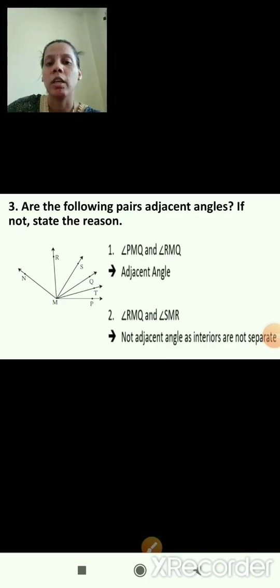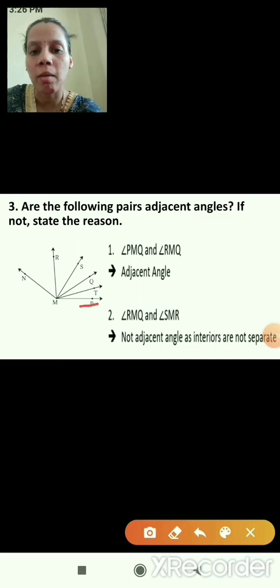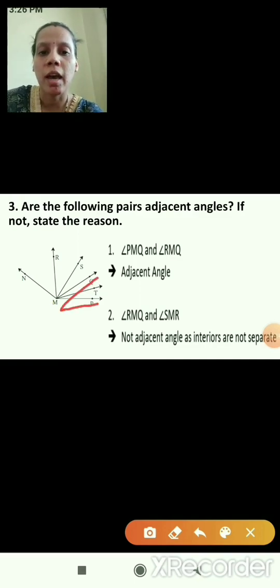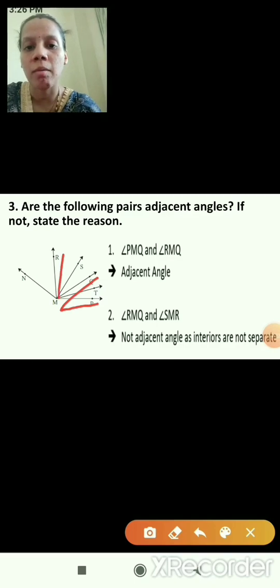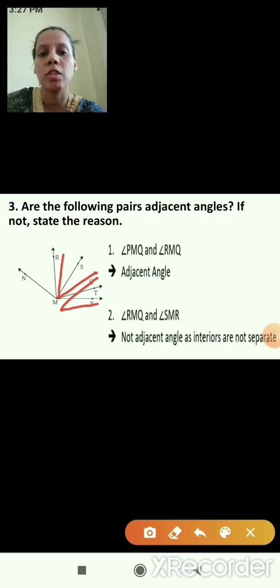In the first pair, angle PMQ and angle RMQ, as you can see in the figure, they are adjacent angles. Why? Because they have one common vertex, that is point M, and one common arm, that is ray MQ. So the first pair is adjacent.